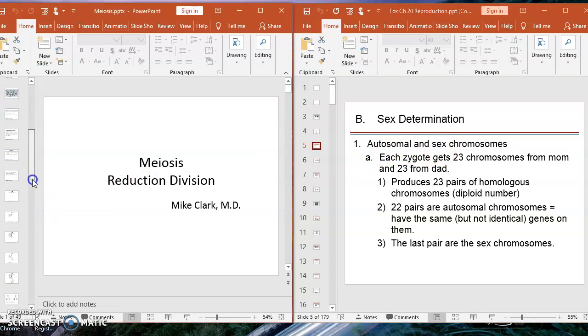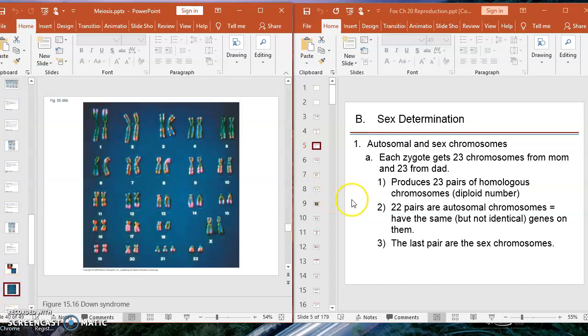What happens is we have something we call a karyotype. And basically what a karyotype is, you obtain the chromosomes from an individual, and you lay it out in a certain pattern that has been internationally determined. Okay?